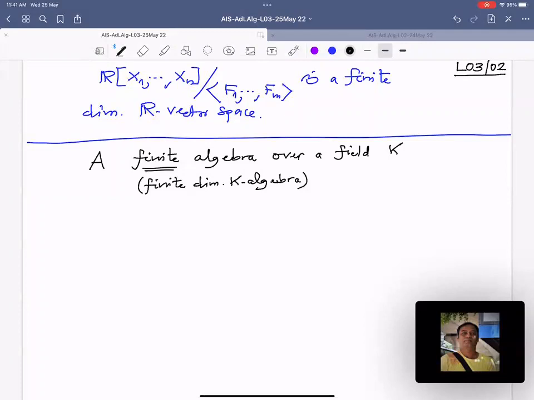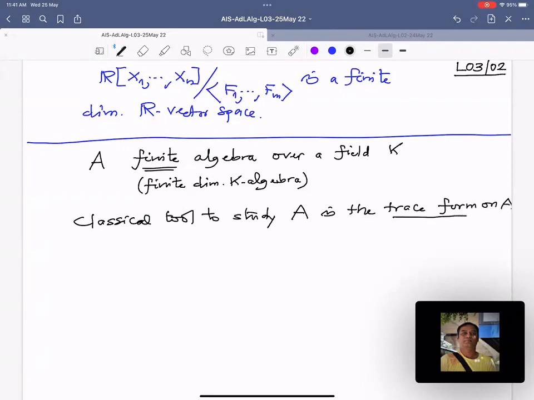Now the classical tool to study A is the trace form on A, and several variants of the trace forms.